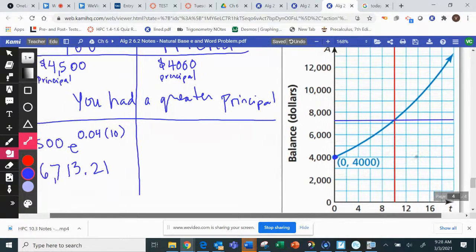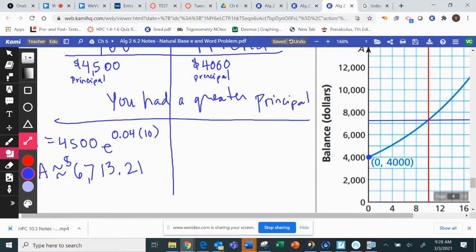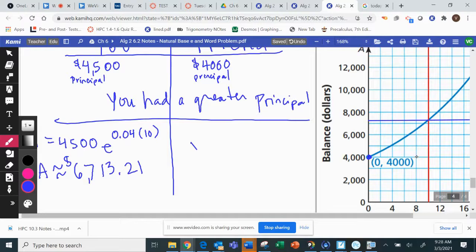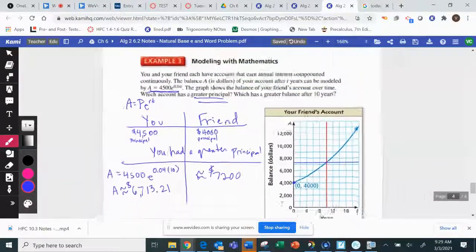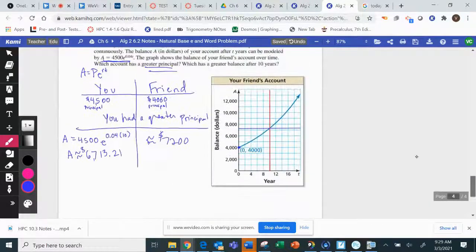But the question is, who has more money? Definitely your friend, because if it's 7,000, which is a low estimate, that's still more than you. Okay, maybe it's even about 72. So it looks like they had the better investment. They got more money in 10 years than you did. Okay, and that's just using the PERT formula. All right, and that's it. Okay, guys.